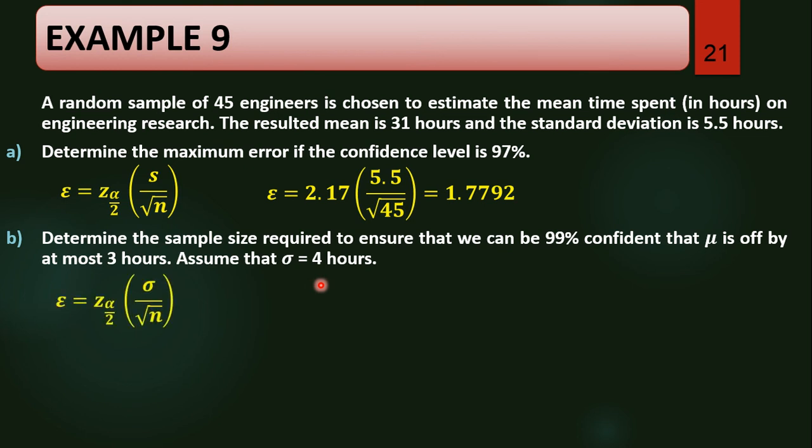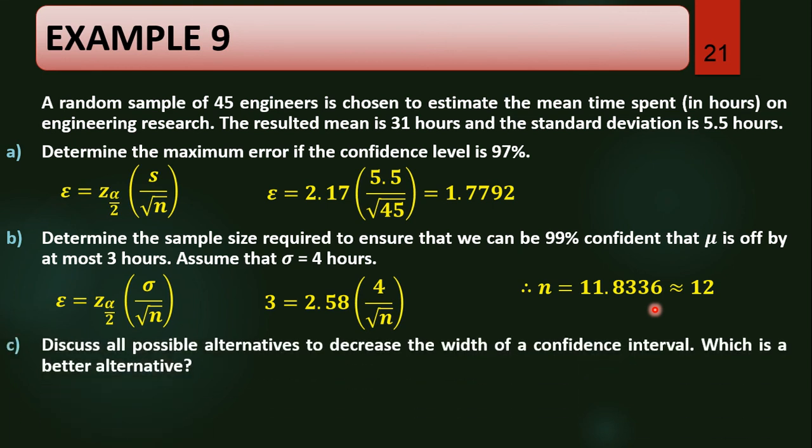Then we substitute the maximum error, the Z value obtained from the 99% confidence level, and also the standard deviation. We know that your n here is 11.8336, which is approximately equal to 12 sample size.